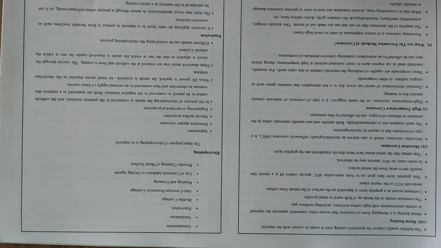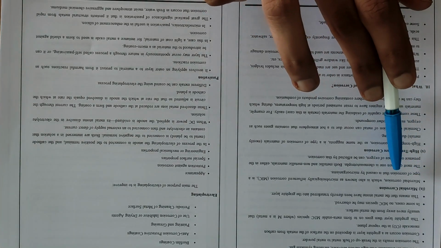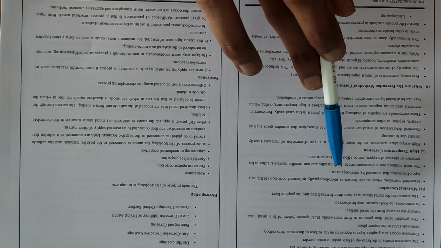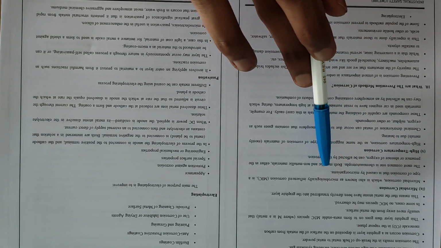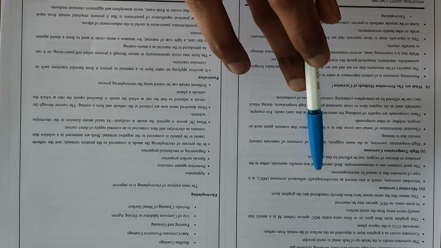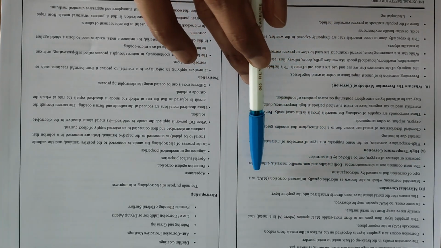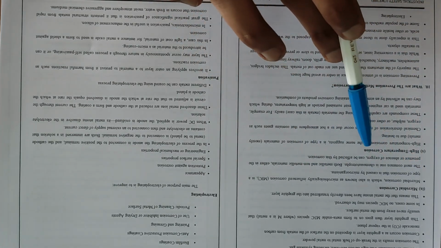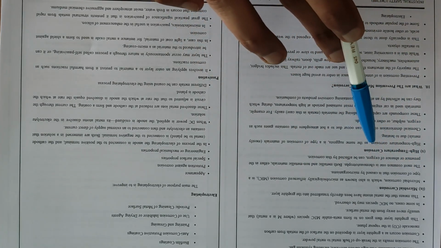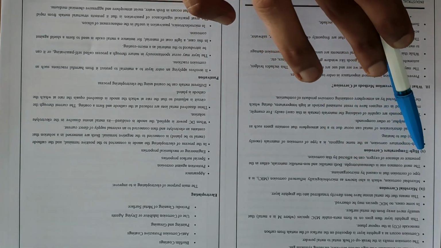Microbial corrosion, which is also known as microbiologically influenced corrosion, MIC, is a type of corrosion that is caused by microorganisms.